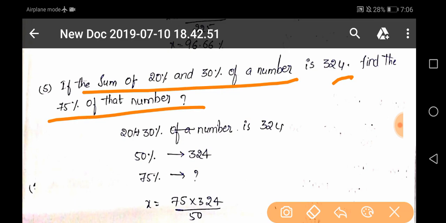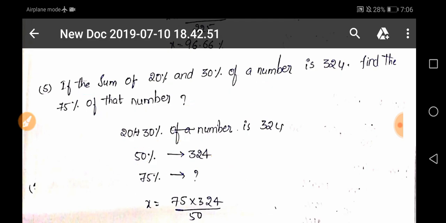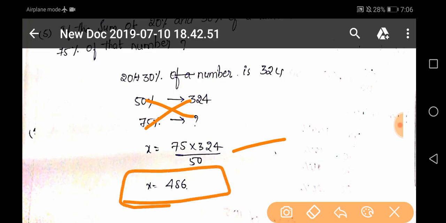So here, 20% plus 30% of a number is 324. It is nothing but 50% is 324. We have to find out for 75%. So just crisscross multiply. So x equal to how much will you get? 75 into 324 by 50. You'll get 486. So 75% of that number is 486.